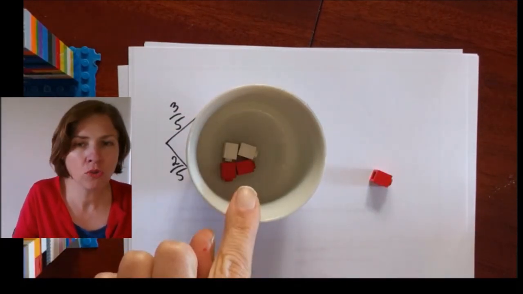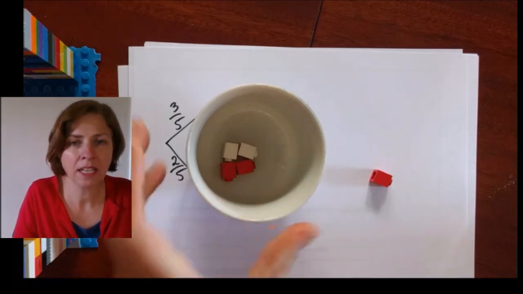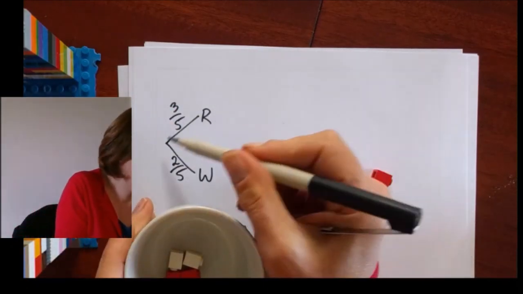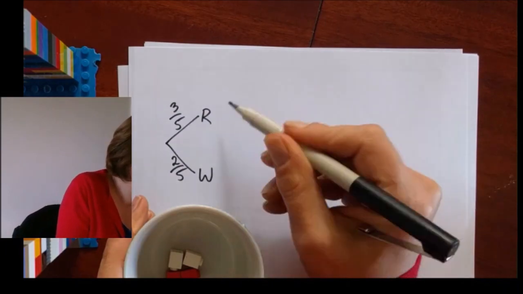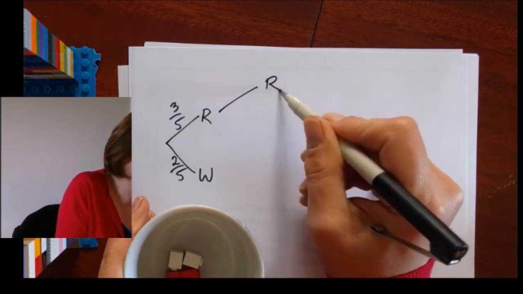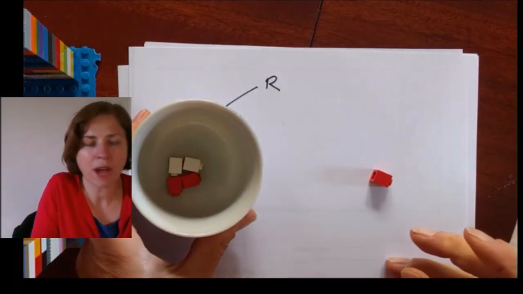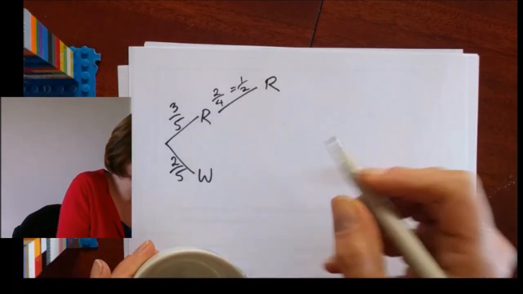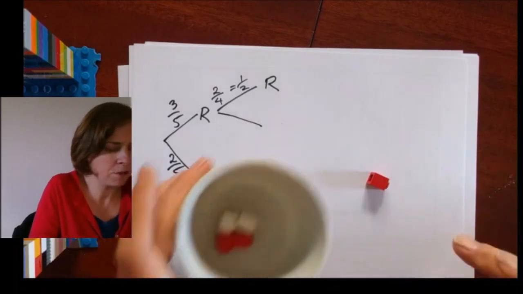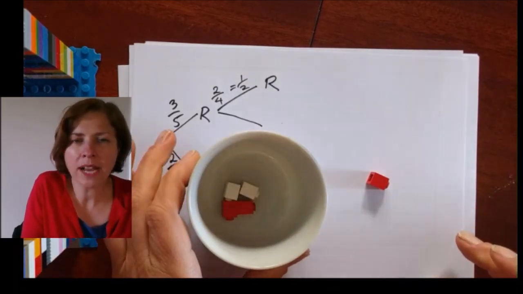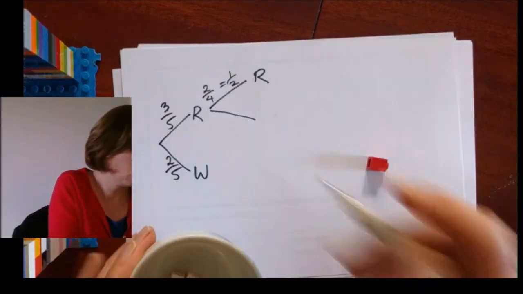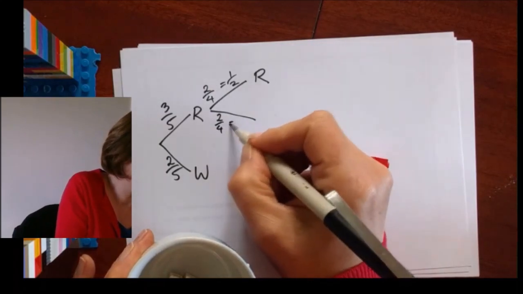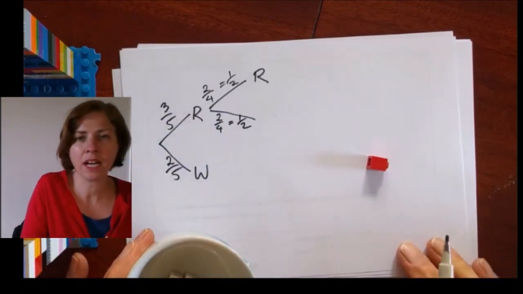Now I've got 2 red and 2 white left in my cup. So if I took a red one the first time, what's the chance of pulling out a red one the second time? It's 2 out of 4, which we can simplify to be a half. Well, if I choose red the first time, what's the probability that white will come out the second time? Also 2 out of 4, which I will simplify to be 1/2.